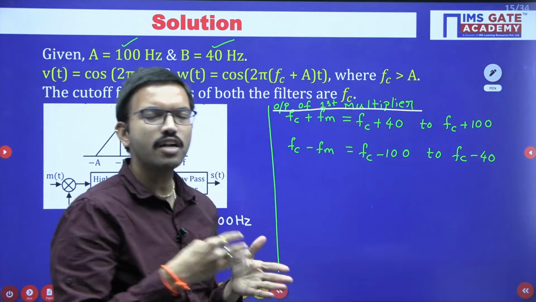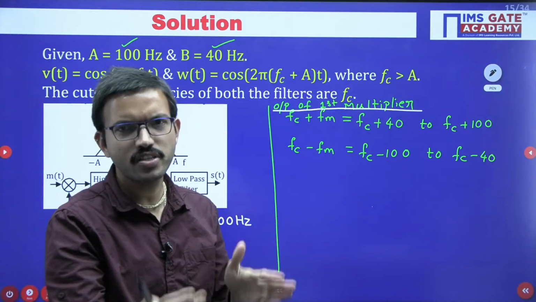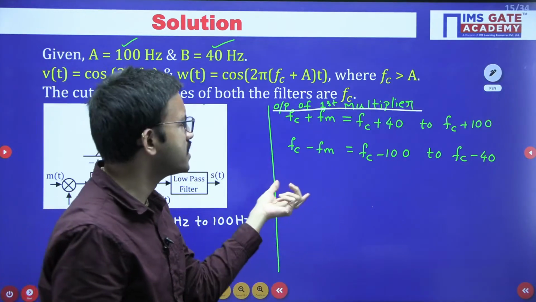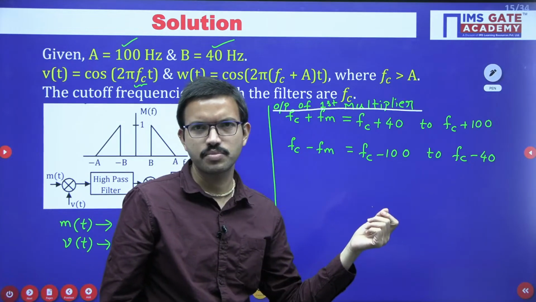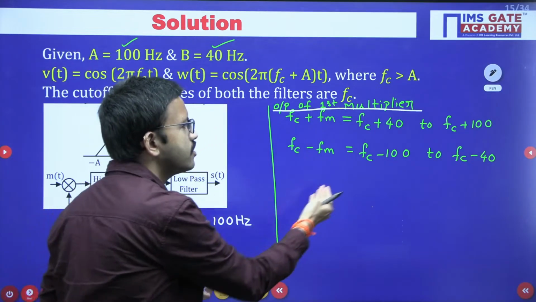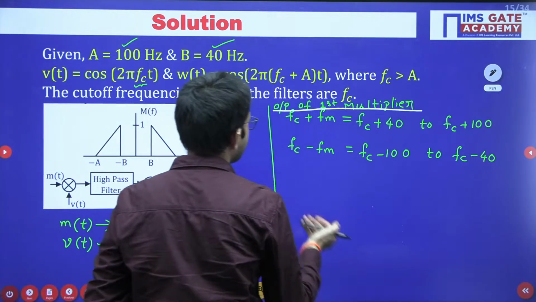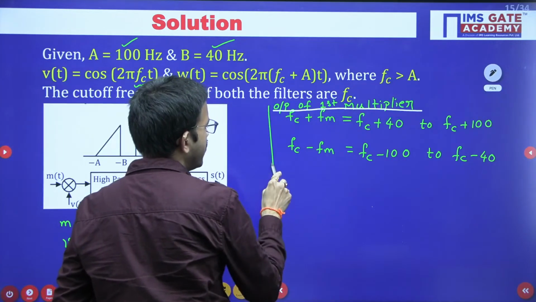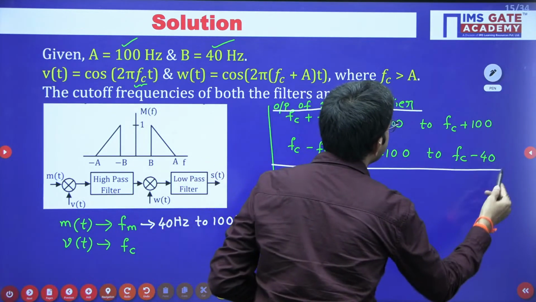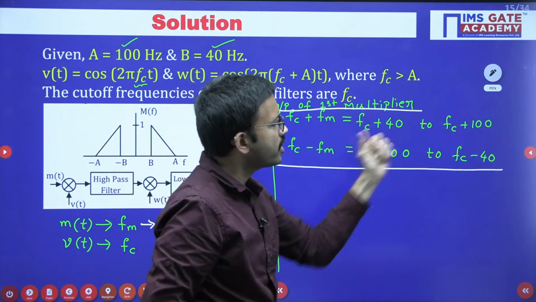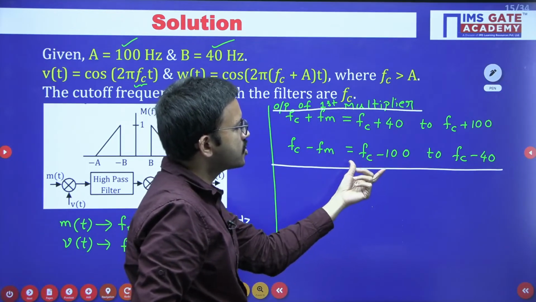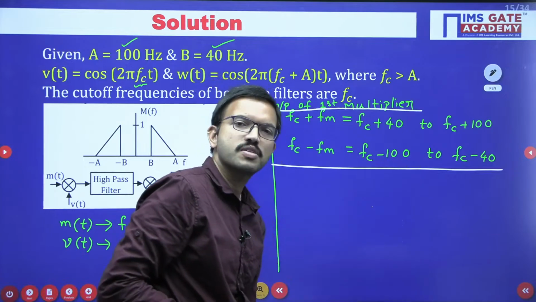You could write it the other way, but generally we represent minimum to maximum. So the output of the first multiplier gives ranges of frequencies: Fc plus 40 to Fc plus 100, and Fc minus 100 to Fc minus 40.